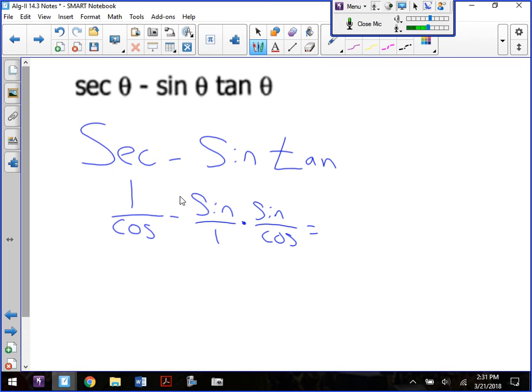Do I have a common denominator there? Cosine. So I get cosine in the denominator, and the numerator becomes 1 minus sine squared. And lo and behold, I have a weird suspicion that 1 minus sine squared equals something. It equals cosine squared.